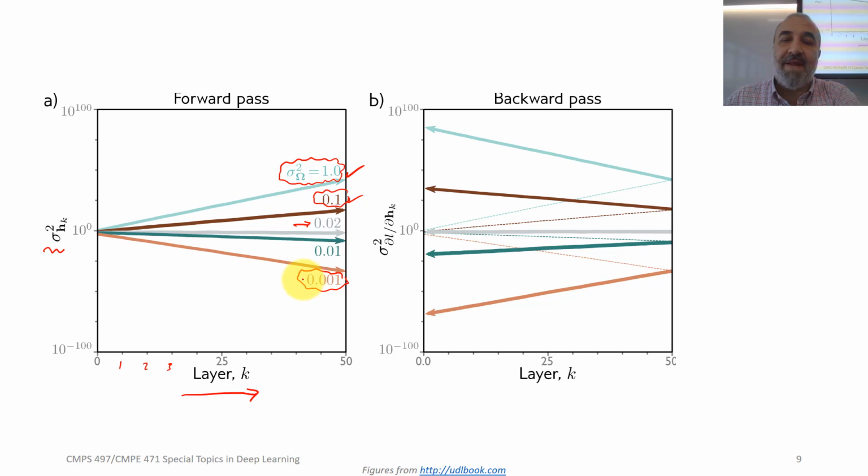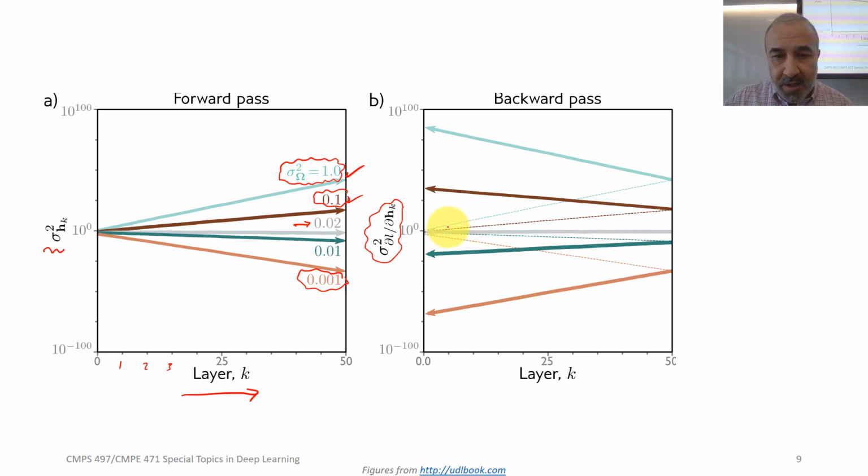What happens in the backward pass? You can see now the right side. Again, the x-axis is the layer, and the y-axis now is the sigma square of the derivatives. The dotted line is from the forward pass, and the straight line is the continuation with the backward pass.